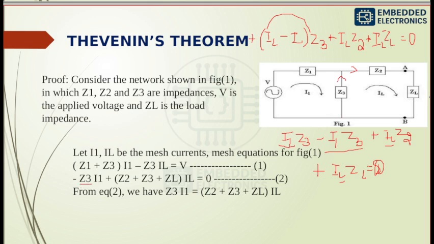Now take this to the right side, then it becomes Z3 I1 equals (Z2 plus Z3 plus ZL) IL.